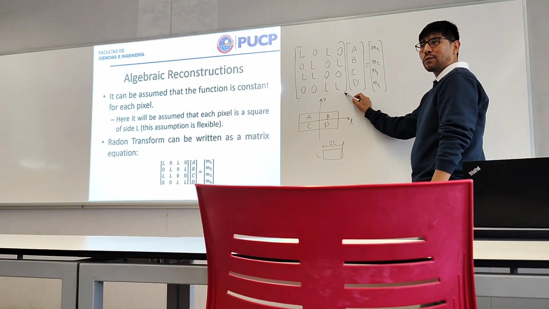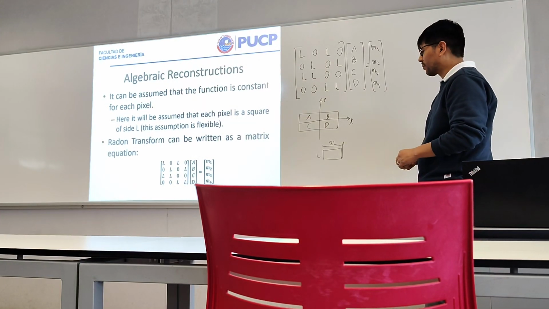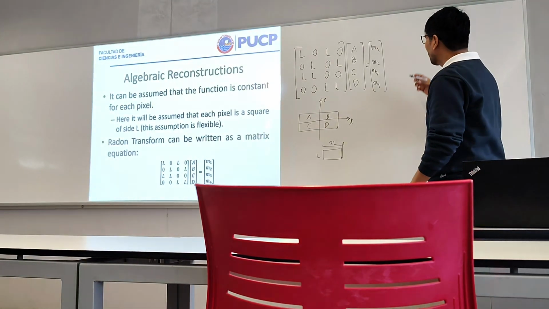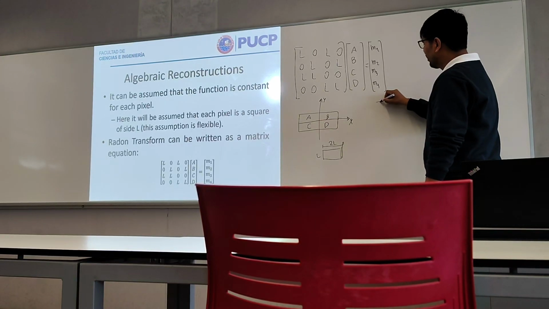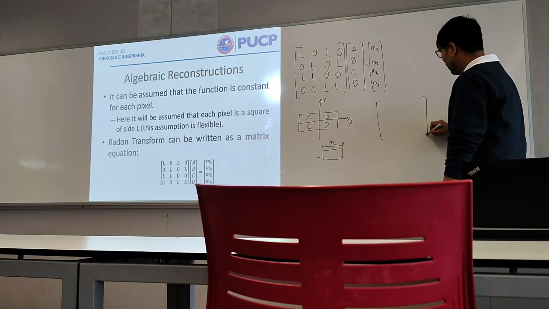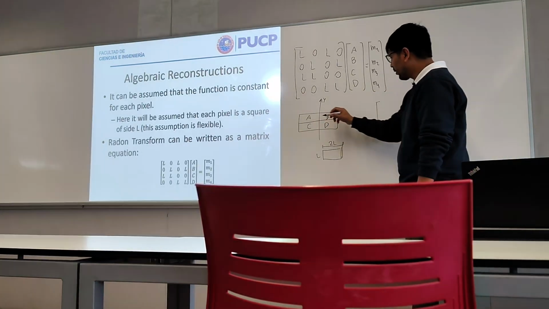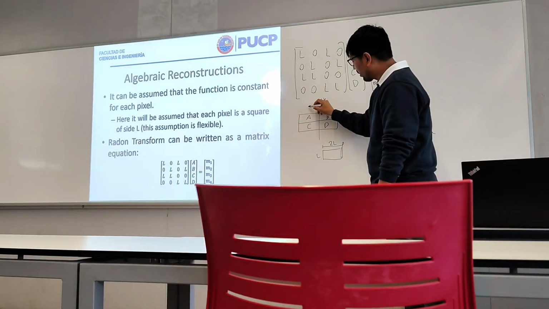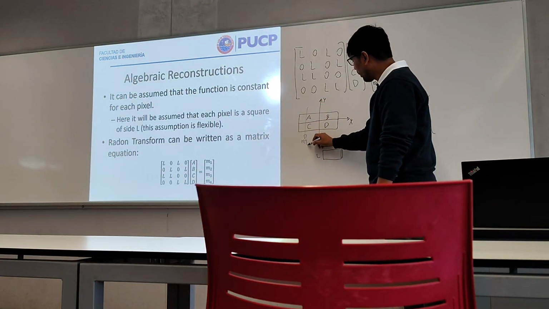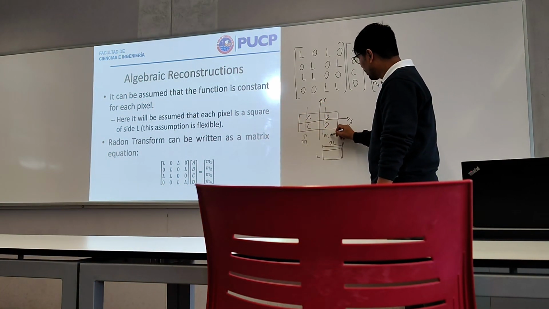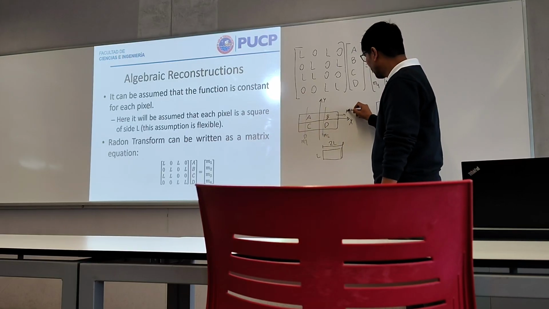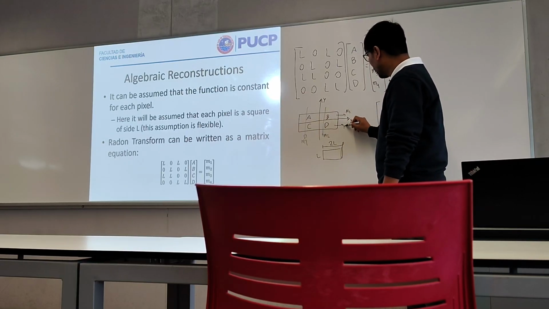Would something change in our matrix or not in this case? Assuming that we have this measurement in this direction in 1, in this direction in 2, in this direction in 3, and in this direction in 4.